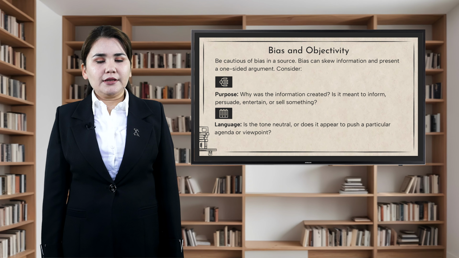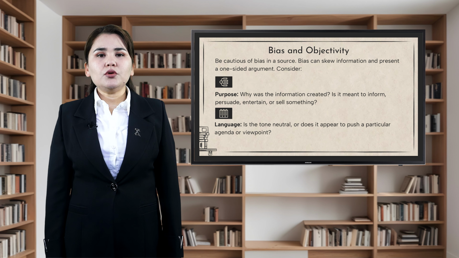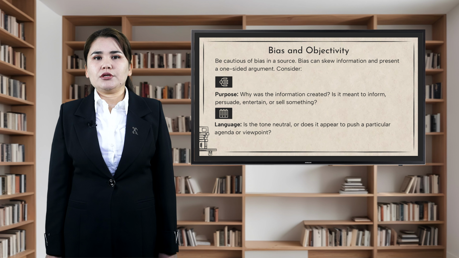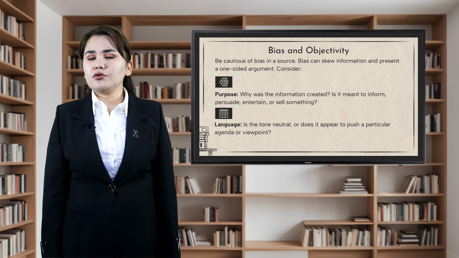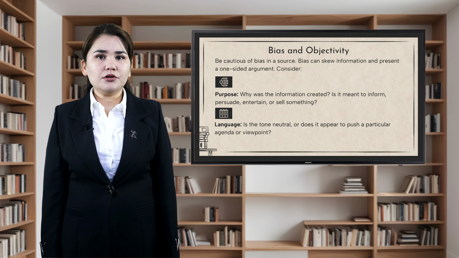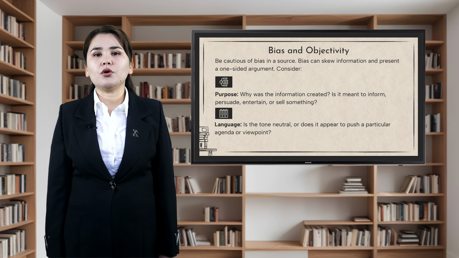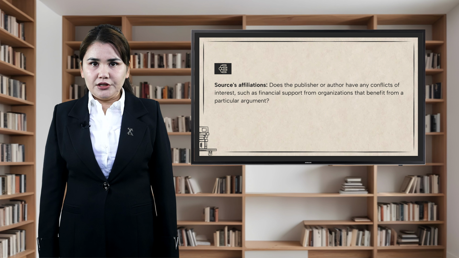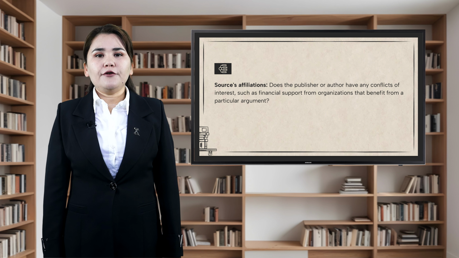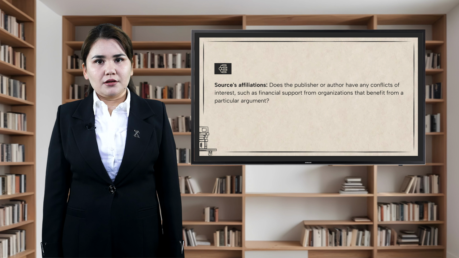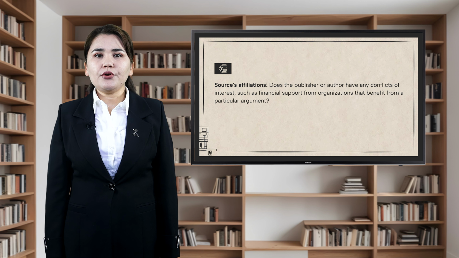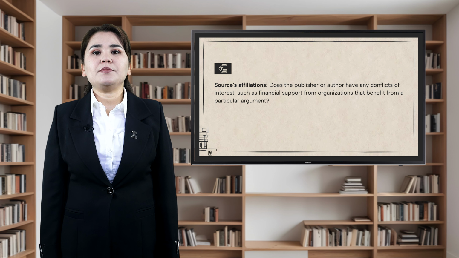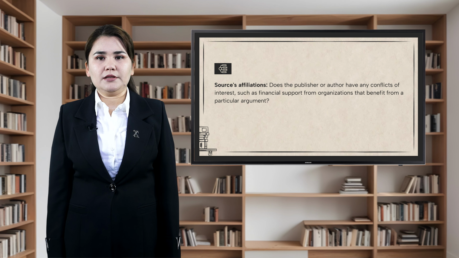When the talk is about language, you should ask yourself questions like, is the tone neutral, or does it appear to push a particular agenda or viewpoint? And about source affiliation, first find the answer to the question: does the publisher or author have any conflicts of interest, such as financial support from organizations that benefit from a particular argument?